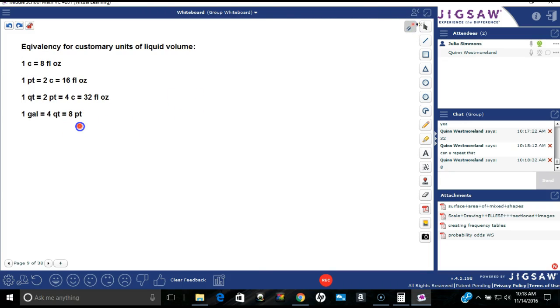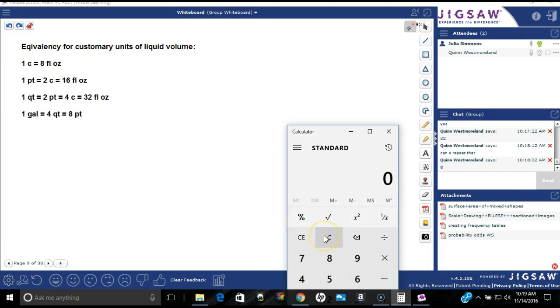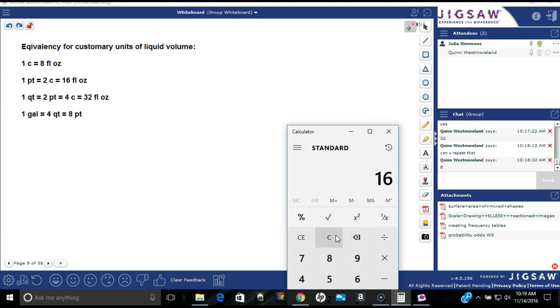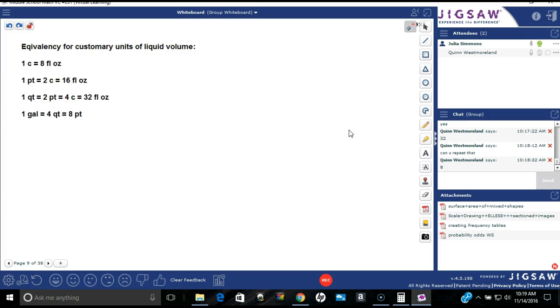All right. If there are 8 pints in a gallon, and we know that there are 2 cups for every pint, how many cups are in a gallon? 16.